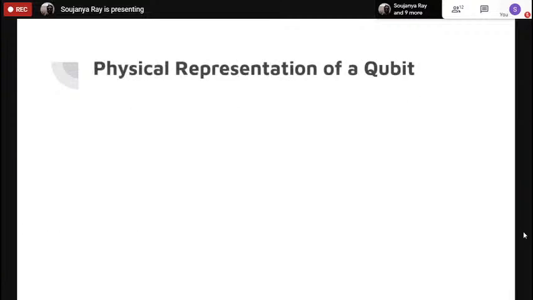Let's go forward. So now we saw how we can represent a qubit: we can write a qubit on paper, or we can visualize a qubit in a Bloch sphere, or see how measurement affects the qubit. So how do you physically make a qubit? You may think, what hardware do you need to physically make a qubit, and that will be answered here.